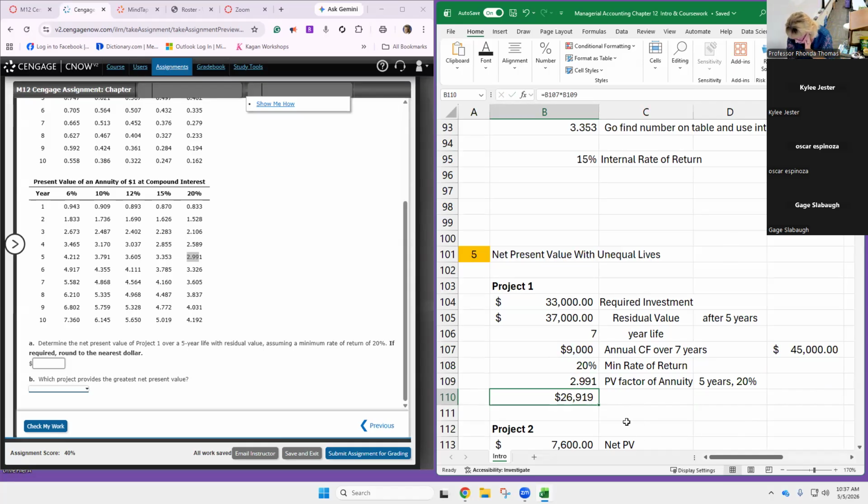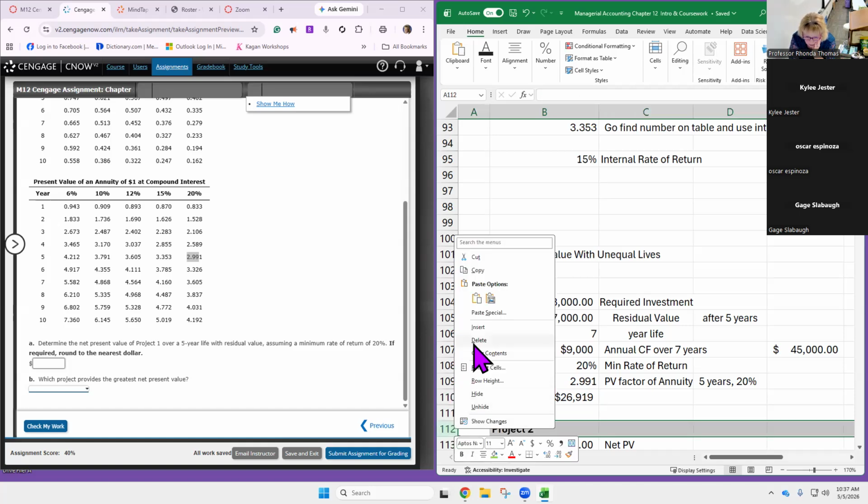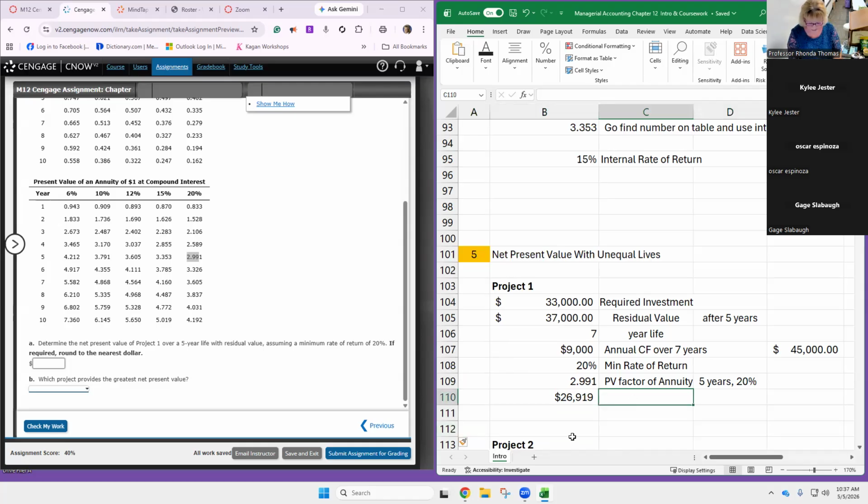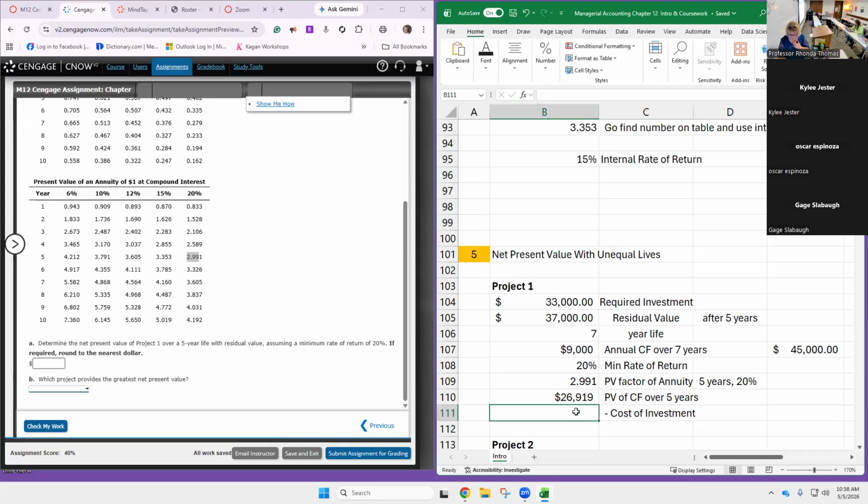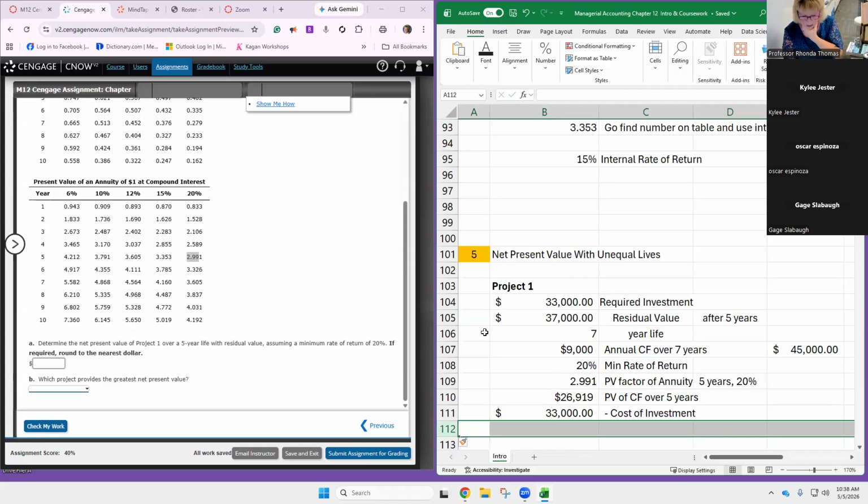Then we need to subtract the cost of project 1, which is the required investment. We subtract it so that we get a net.